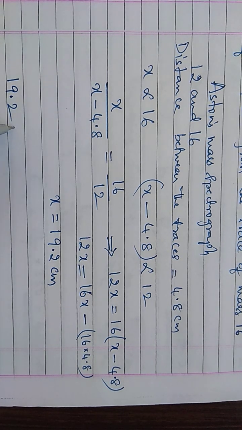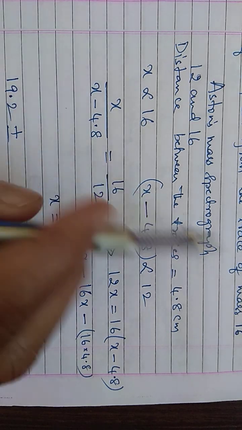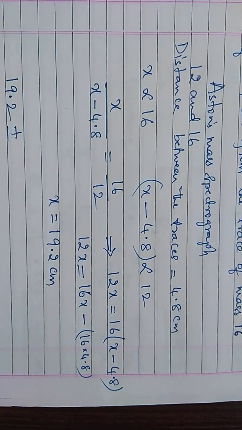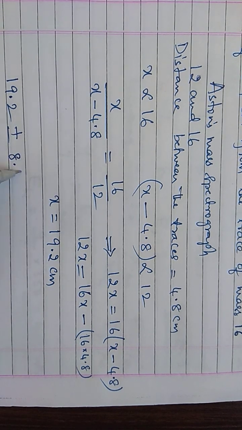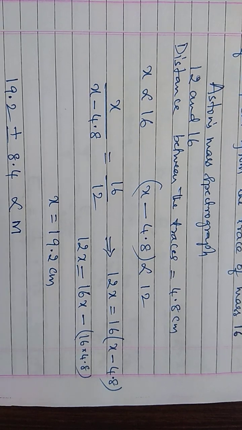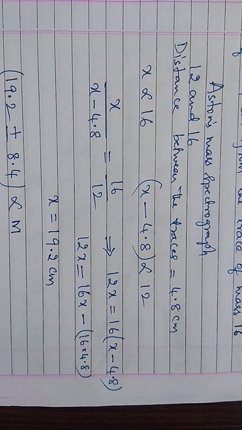Whose trace is at a distance of 8.4 centimeter, plus or minus 8.4 centimeter, is directly proportional to the mass number. And 19.2 is directly proportional to 16.